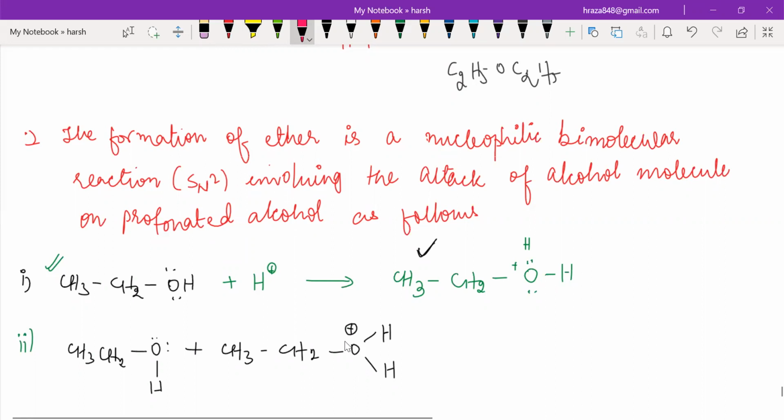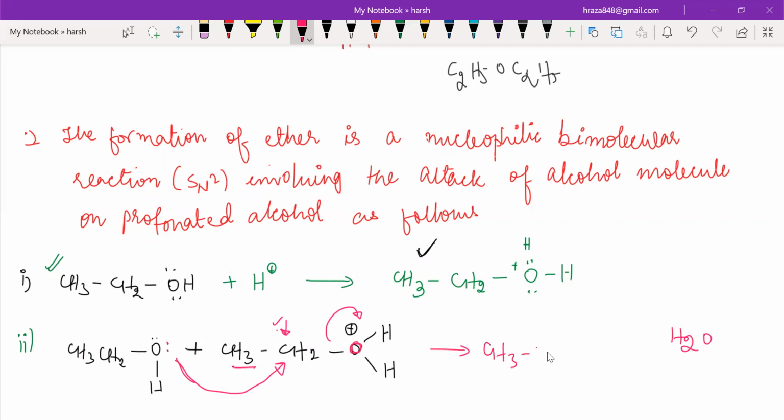So what happens here? This oxygen wants to get stable, so it will take electron from carbon. Now this carbon will be electron deficient, so this oxygen will attack this carbon. You can see what happens. If this oxygen takes electron from this carbon, H2O will be eliminated, and you can see this CH3, I'm going to write, then CH2.